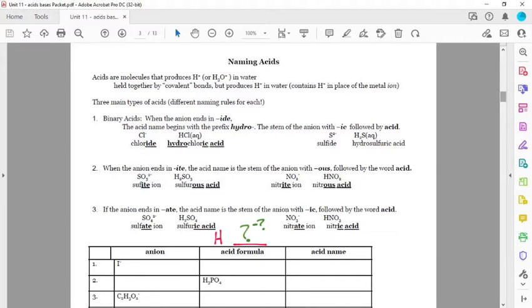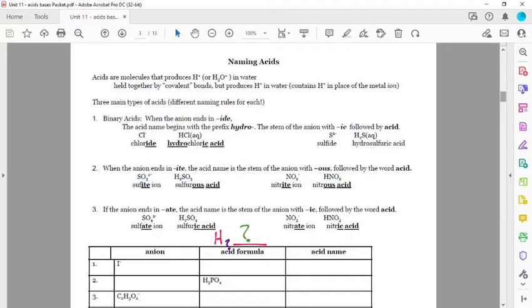It's always going to be a negative charge, but the charge of that piece, whatever's with our H, is going to be the only extra subscript we write. That number is going to come down here and be on our H after we've crossed, dropped, and reduced. So this is kind of our general format for our acid formulas: H, some number of H's, and then that anion piece of our acid.